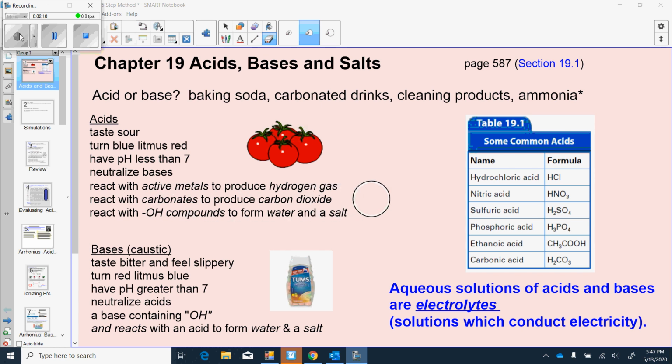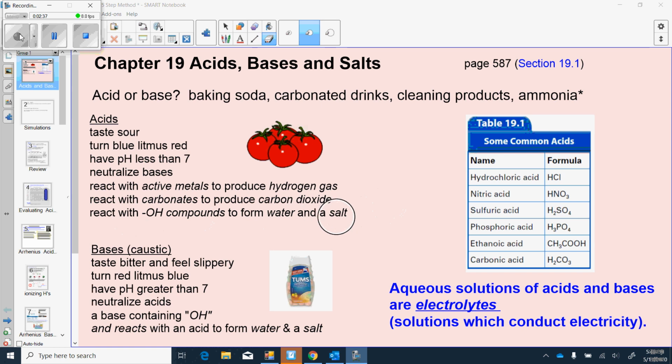The famed science fair project, the volcano in elementary, where you take acetic acid, which is vinegar, and baking soda, which is hydrogen bicarbonate. When you react those two things together and it starts to bubble up, it's the carbon dioxide that's bubbling up. And we know that they will react with OH compounds to form water and salt.